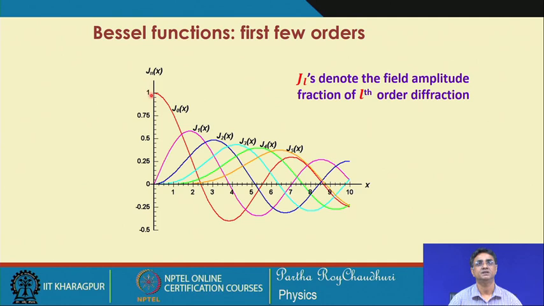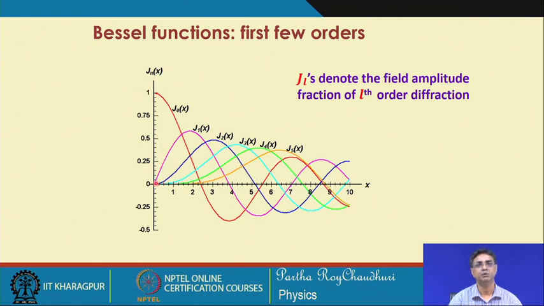Only J0 of phi 1 is non-zero, and that will carry the maximum amplitude of the electric field. So, in the absence of the acoustic wave in the medium, you have the entire amplitude of light contained in the 0th order of diffraction.